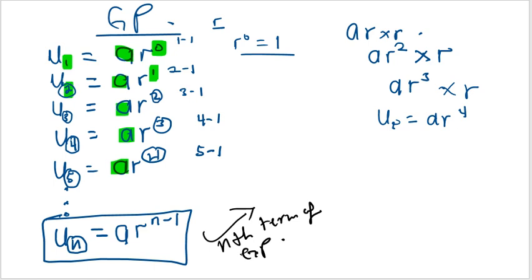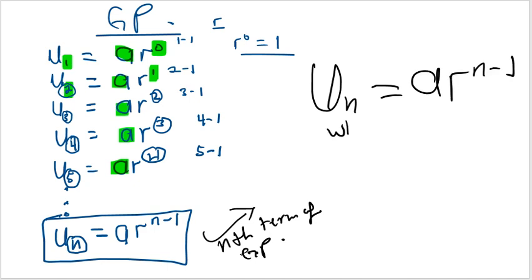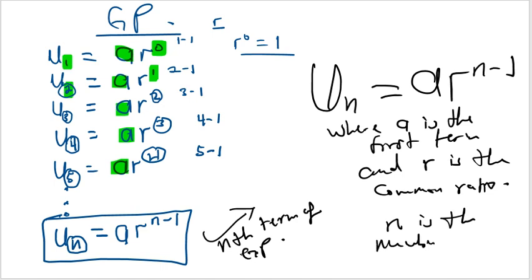So that is the general term of a geometric progression: Un is equal to a r to the power n minus 1, where a is the first term and r is the common ratio. Now n is the number of terms.